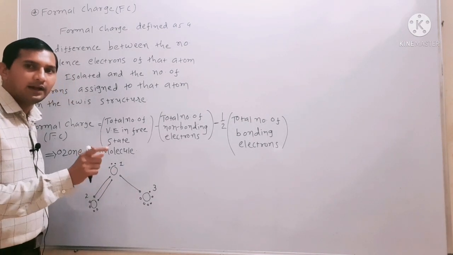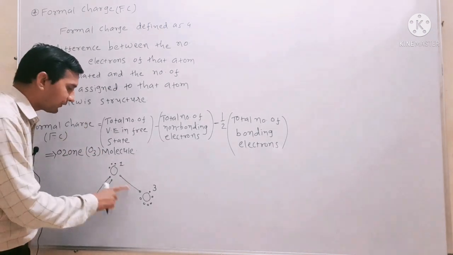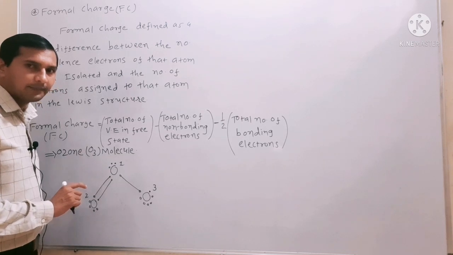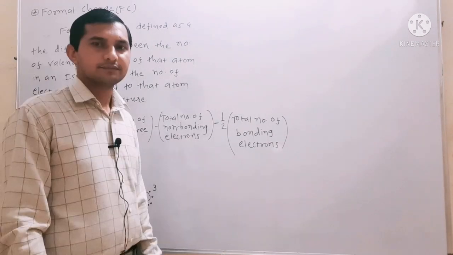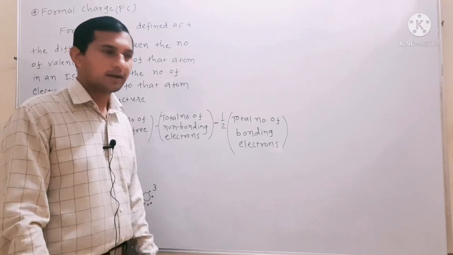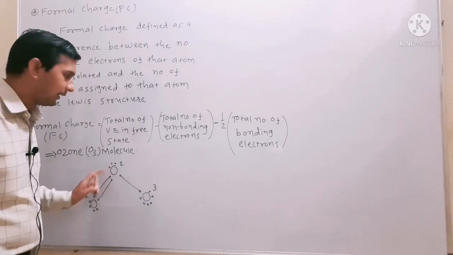This difference is known as the formal charge of the given atom in the given molecule. First of all, we calculate the formal charge for the central atom oxygen, which we mark as 1.